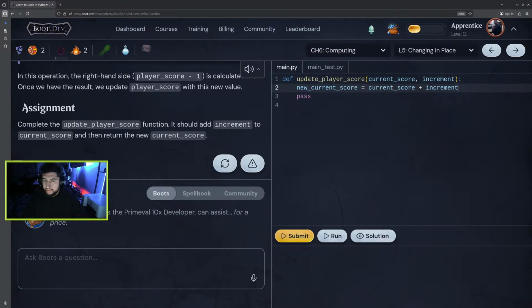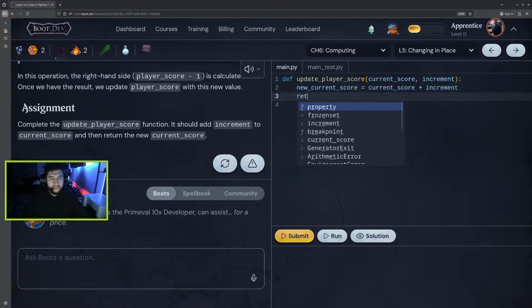Alright. Okay. And then return new_current_score, and then that should work.